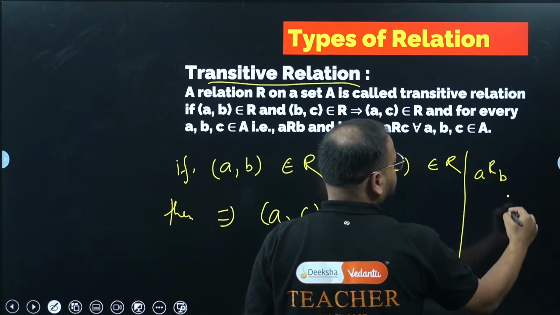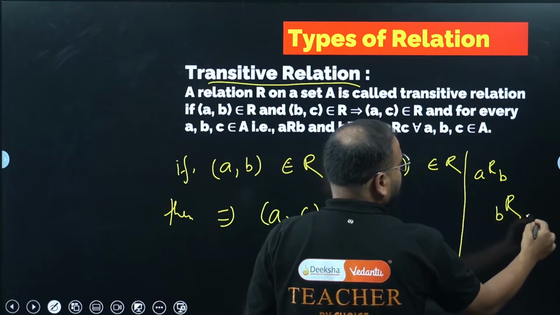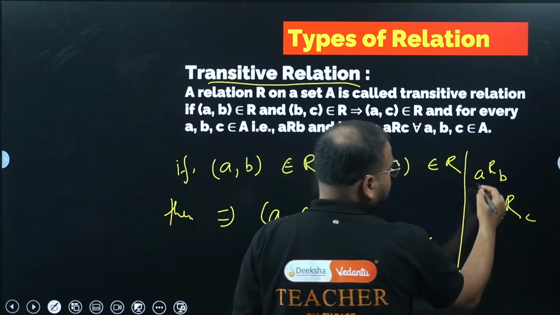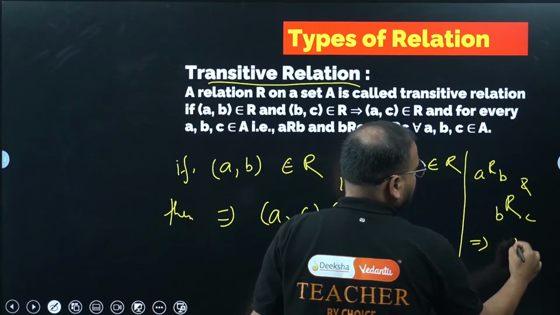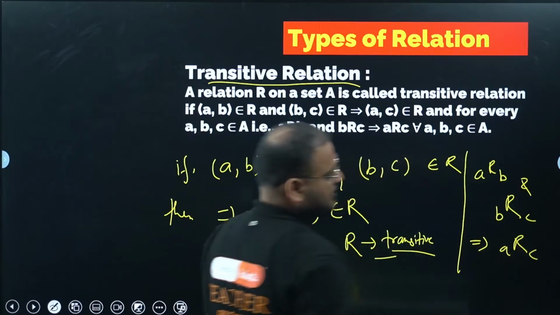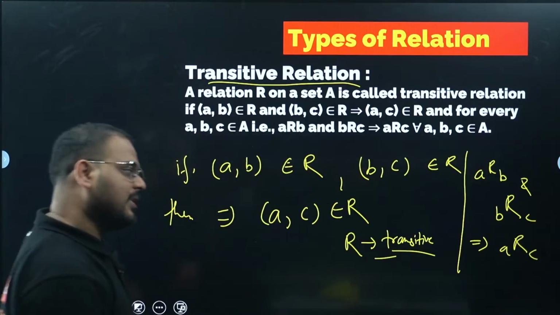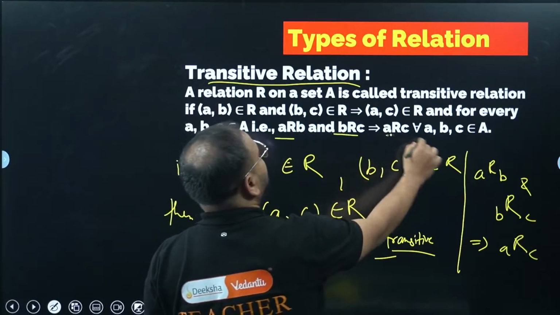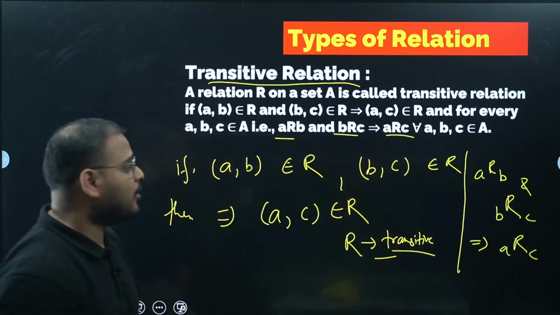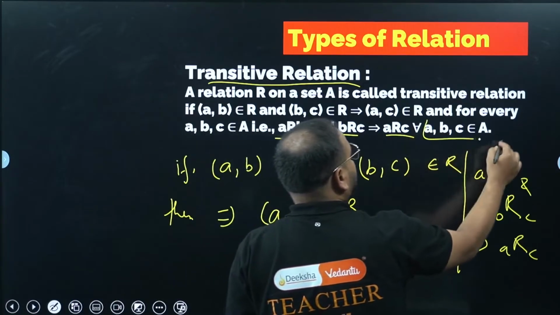ARB, BRC, if these are the if conditions, then it will become ARC. ARB, BRC and ARC for all A, B, C belonging to the set A.